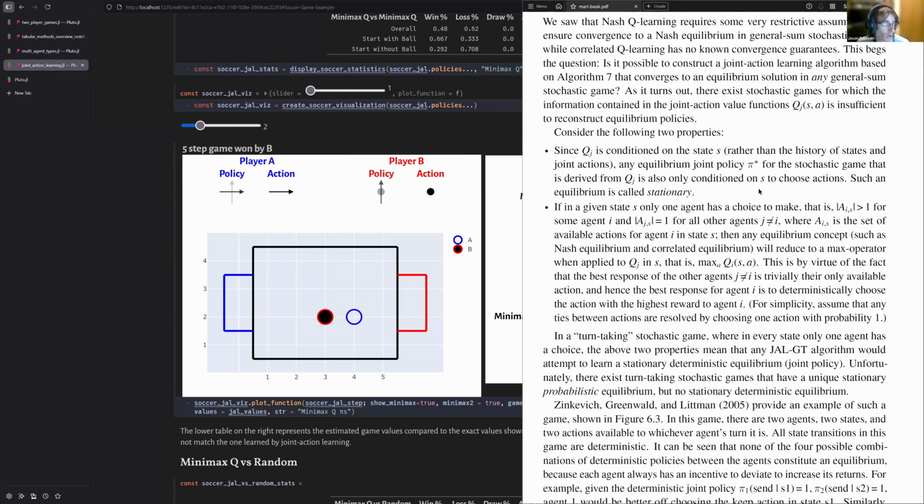Now, if you recall in ordinary reinforcement learning, when we learn the action values, not the joint action values, but just for a single agent, when we compute the optimal policy, we take the argmax of this, where we're trying to find the action that produces the highest value.